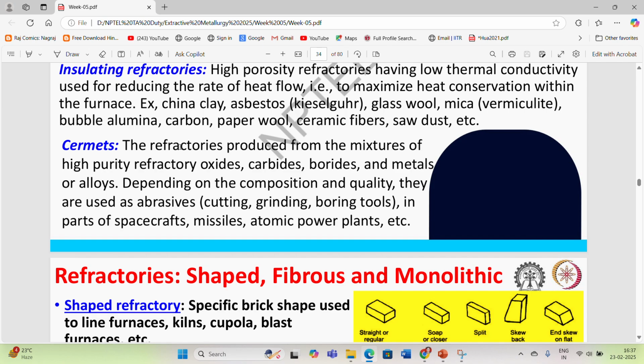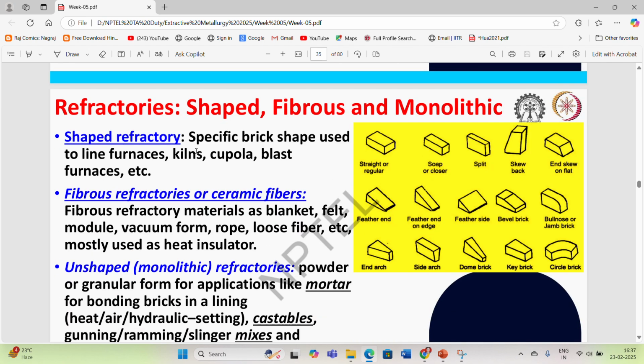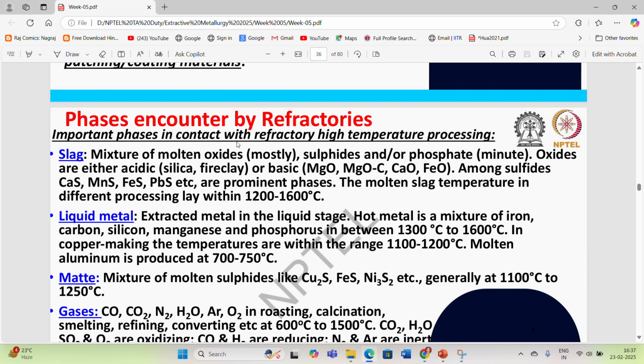Then insulating refractories are there. Then there are cermets. Then based on shaped, fibrous and monolithic material, we can divide these refractories into further applications, like shaped refractory, specific brick shapes used to line surfaces, kilns, cupolas, blast furnaces, etc. Then there are fibrous refractories or ceramic fibers. Then there are unshaped refractories.